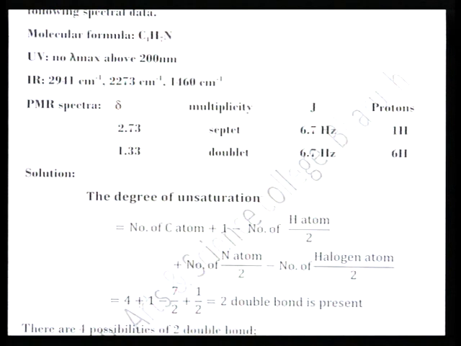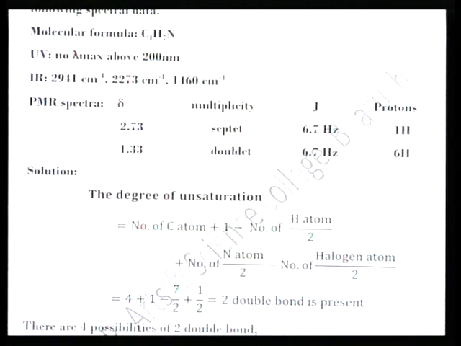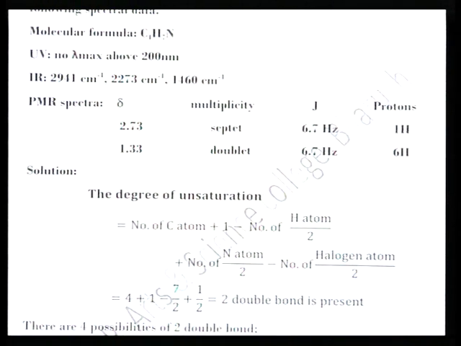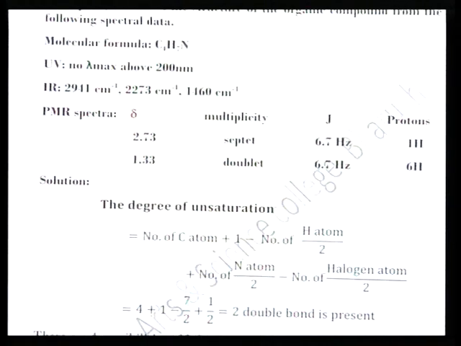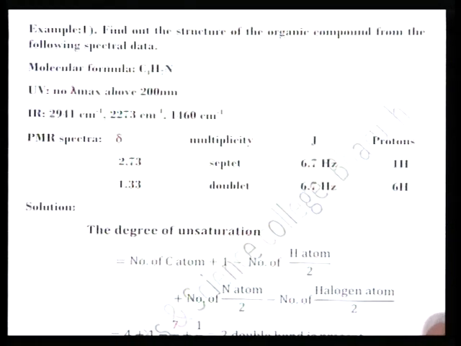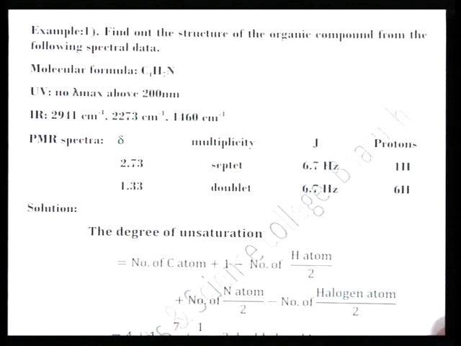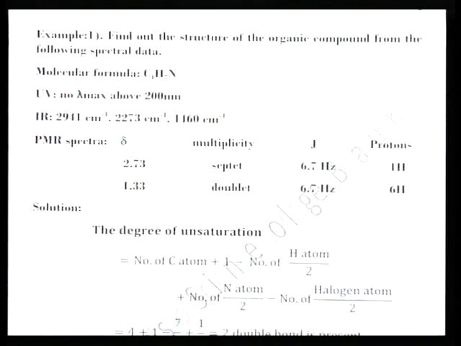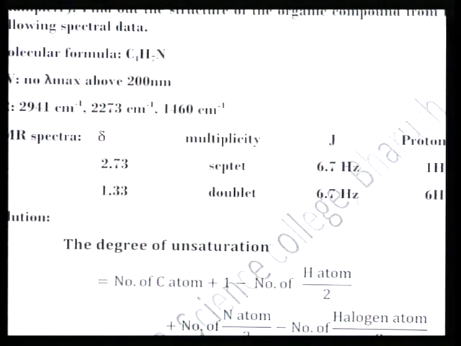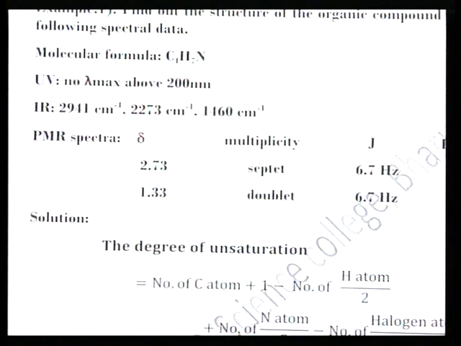Now, an unknown organic compound has the following spectral data. From that spectral data, we have to elucidate the structure of the organic compound. First, the compound has molecular formula C4H7N. UV data shows no lambda max above 200 nanometer.